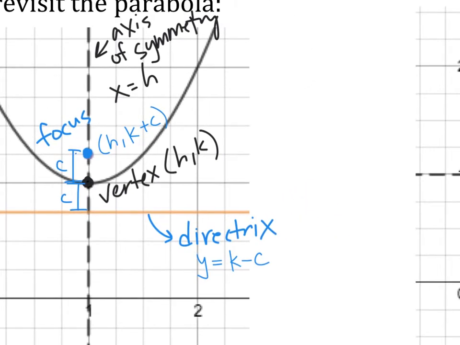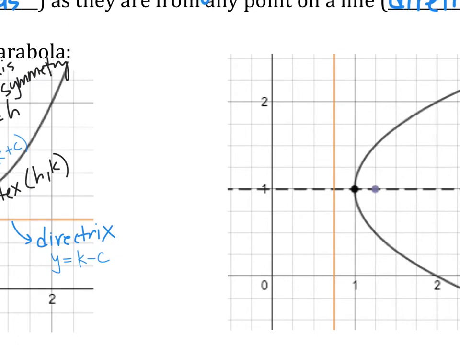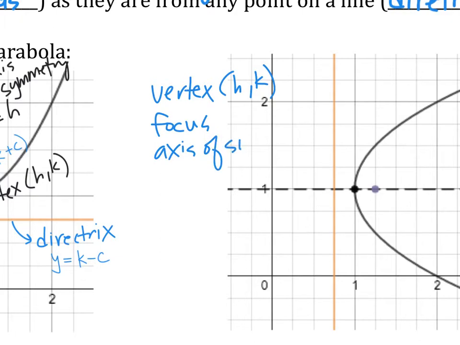Okay, so now what I want you to do is fill in all that information for the parabola on the right. So you're going to write down where the vertex is, label your HK, where the focus is, where the axis of symmetry is, directrix, and where C is.